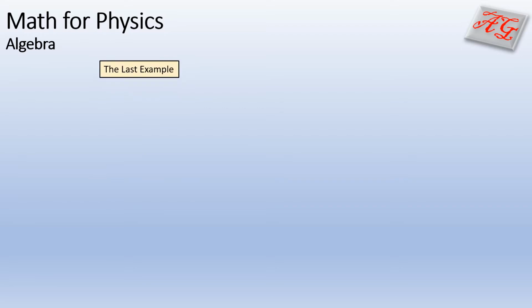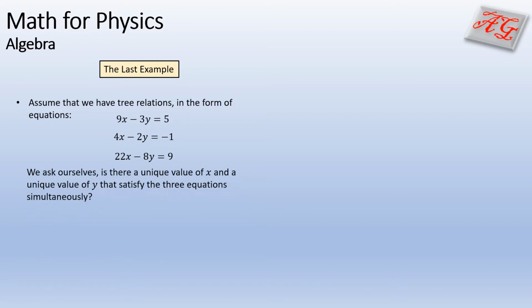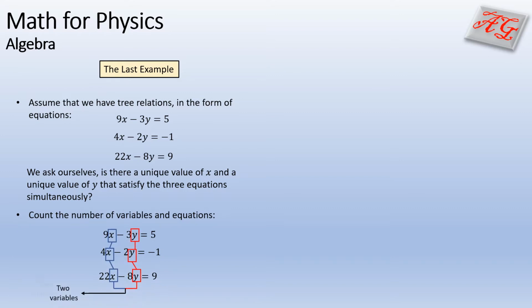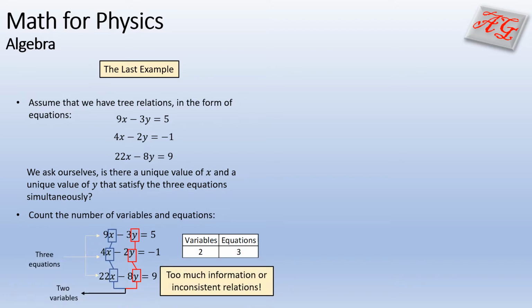So let's take a look at yet another example. Assume that now we have three equations, and once again, we ask ourselves, are there any unique solutions to these equations? So we count the number of equations and the number of variables, and we now have two variables and three equations. And we want to look now for an exact solution. I'm not going to go into the details on how to solve these equations.